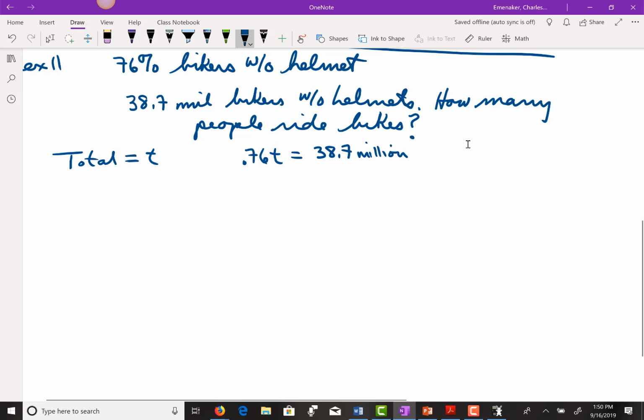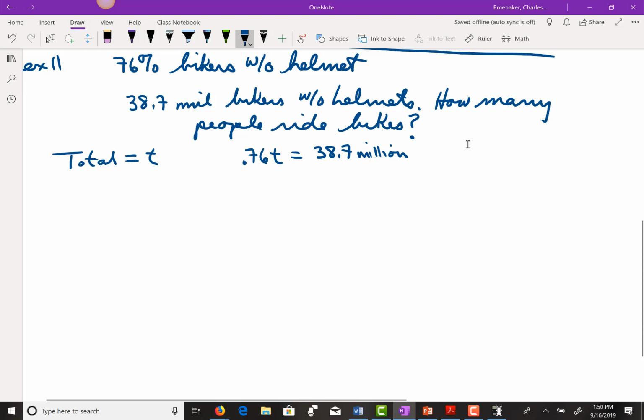Everybody good? How would you solve for T here? How do you find the value of T? Divide by 0.76. Yeah. What we're going to do is take the 38.7 divided by the 0.76.